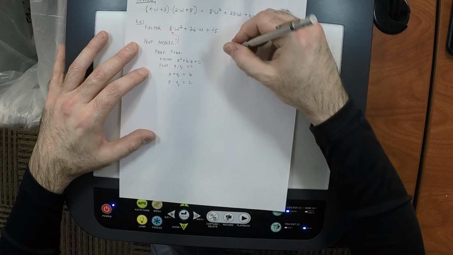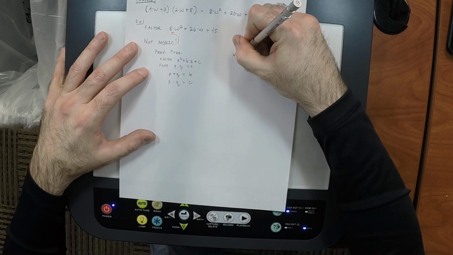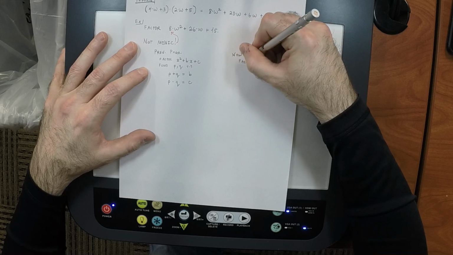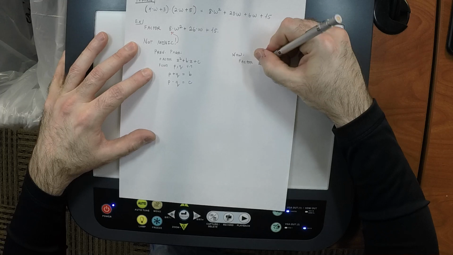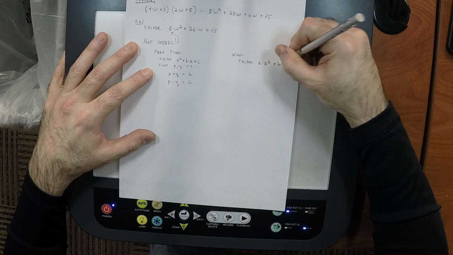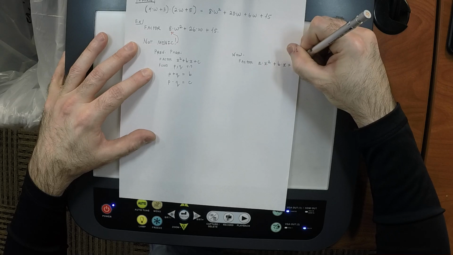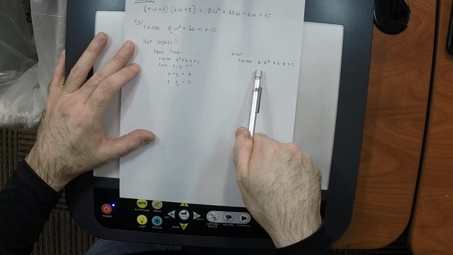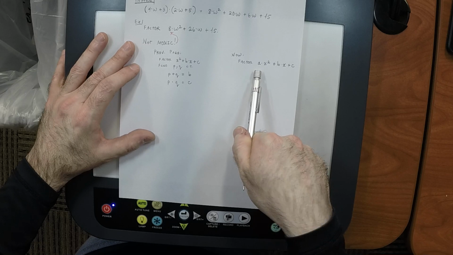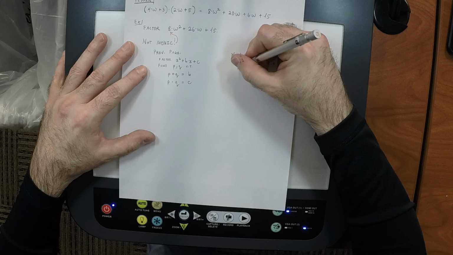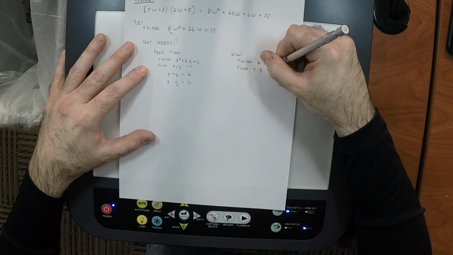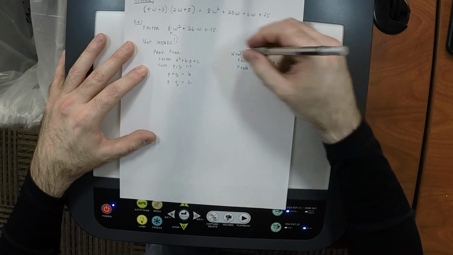Now, in the non-monic case, the question is: factor a multiplied by x squared plus bx plus c. The distinction being that now it has a leading coefficient of a. So we still want to find p and q that satisfy two conditions.